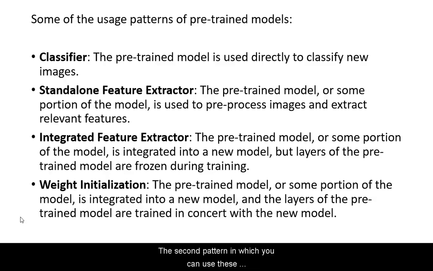The second pattern in which you can use these pre-trained models is as feature extractors. So in this example, we will use the pre-trained VGG16 model as a standalone program to extract features from a given image.